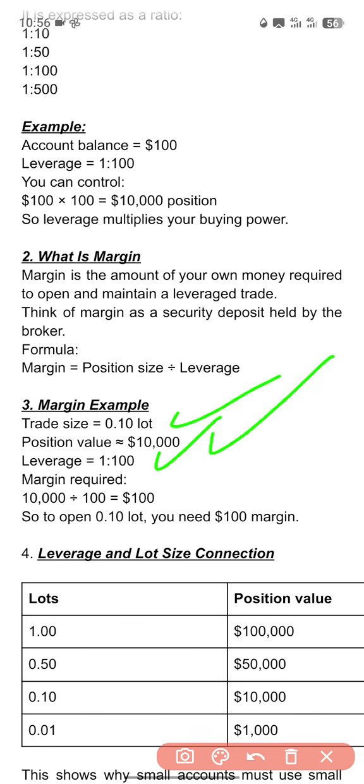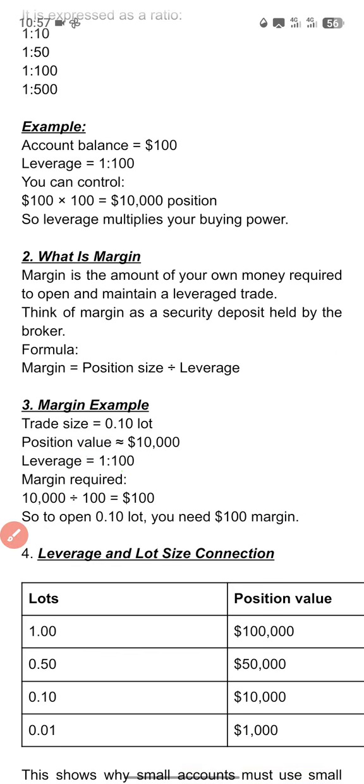If you calculate the margin required, $10,000 divided by 100 equals $100. So to open a 0.1 lot size trade, you need $100 margin.